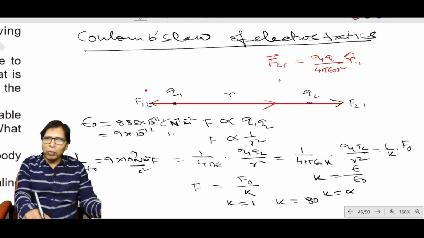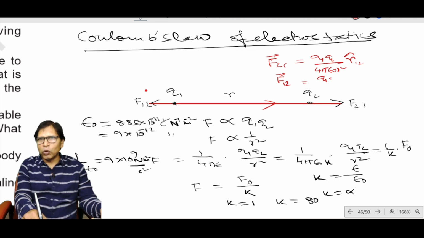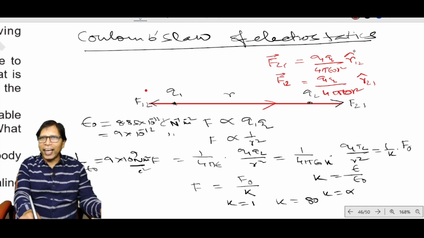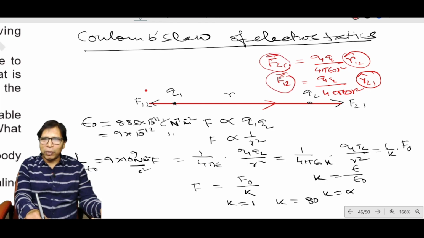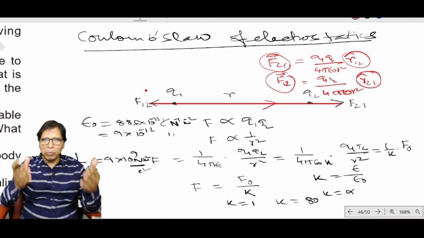In the same way, the force on Q1 by Q2, F12, equals Q1 Q2 by 4 pi epsilon naught R square times R21 cap. As these are equal and opposite, F12 vector equals minus F21 vector. Now some numericals based on Coulomb's law.